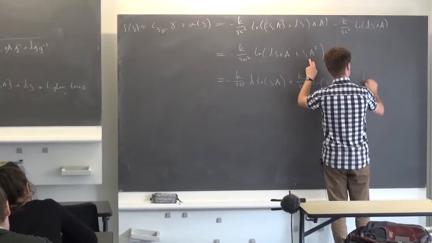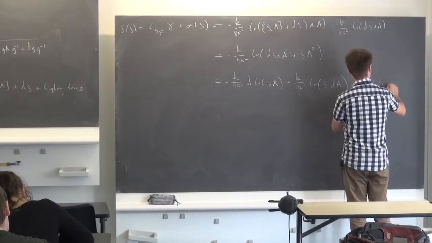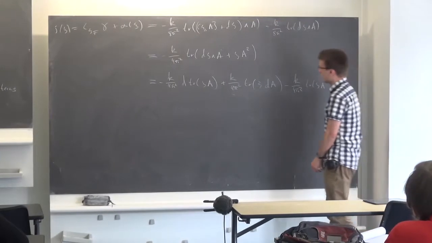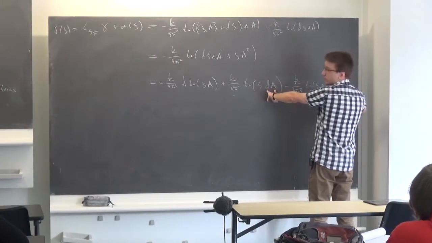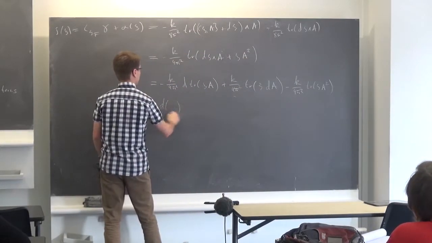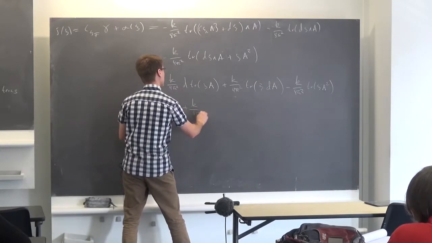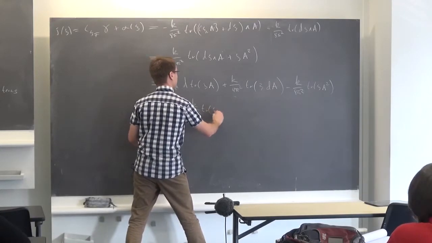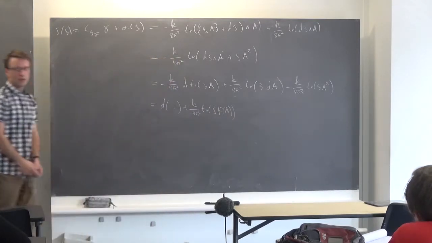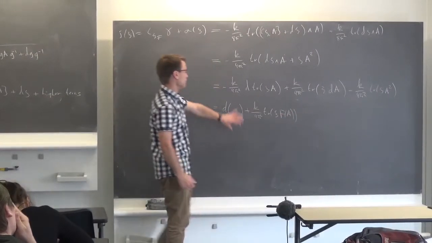And finally, minus k over 4 pi squared trace xi times A squared. Now you see here you have dA minus A squared. So this is the first term, d of something, plus k over 4 pi squared trace of xi times F. And again, on the space of classical solutions, F is 0, so the last term is 0, and you get something exact.